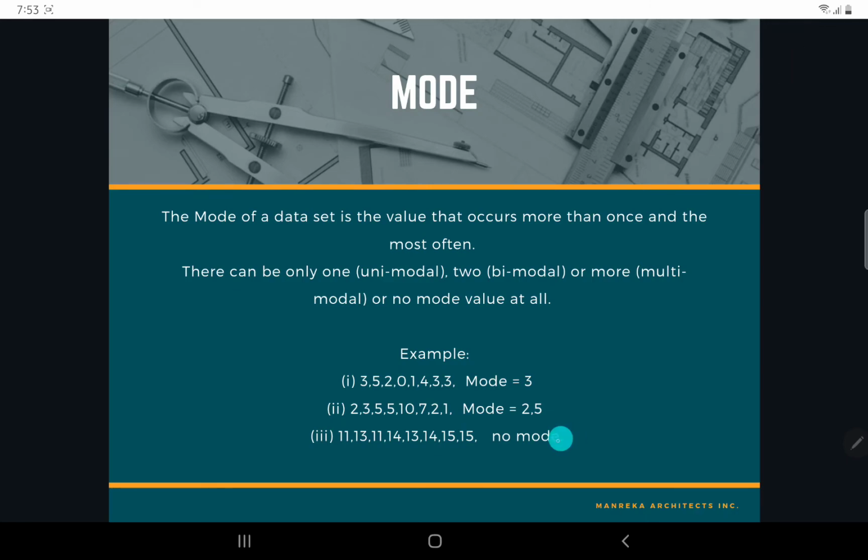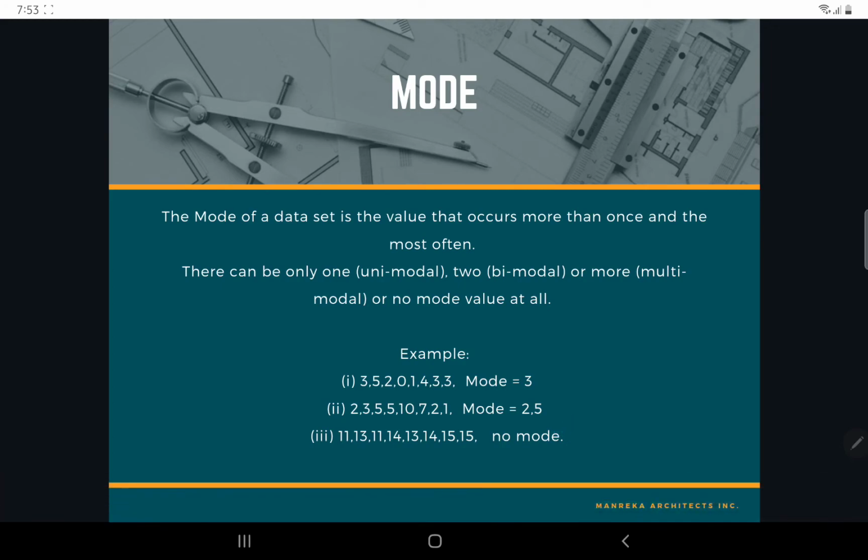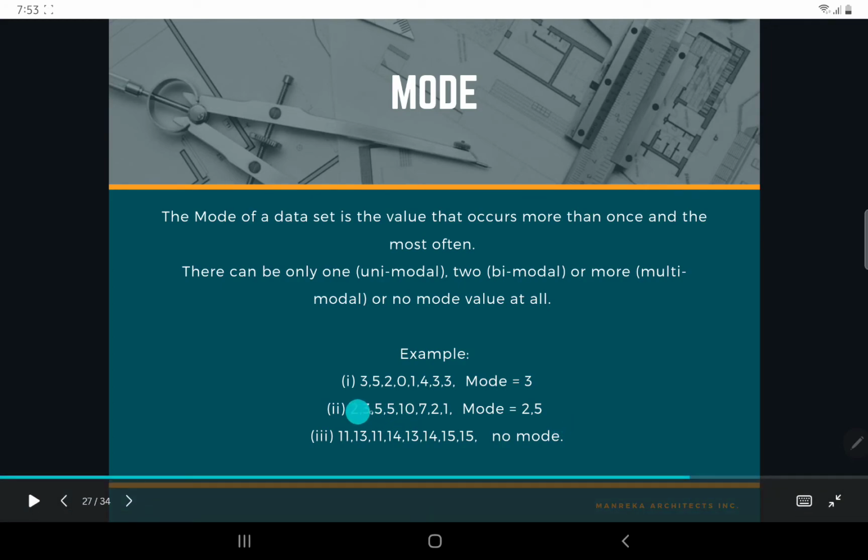So dia tak ada mode lah kiranya, no mode. Yang ni tadi 2 and 5 jadi mode sebab dia berlaku banyak kali berbanding dengan nombor 10, nombor 7 dan nombor 1. Tapi kat sini semua data berlaku sama banyak kali.